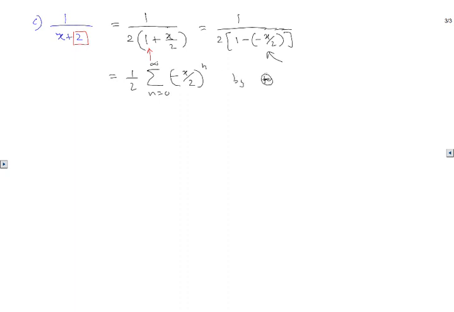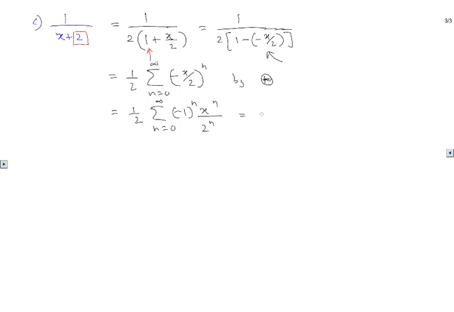Then we can simplify this a little bit. We can write this as 1/2 sigma n going from 0 to infinity. We can take the negative one out, and then write x to the n over 2 to the n. Now we can bring this 1/2 inside.